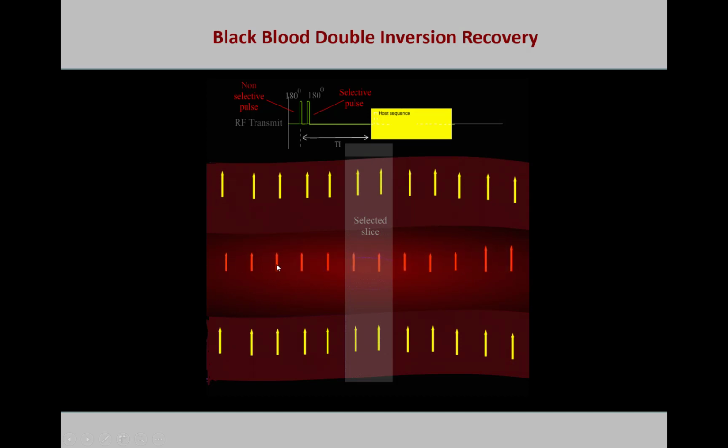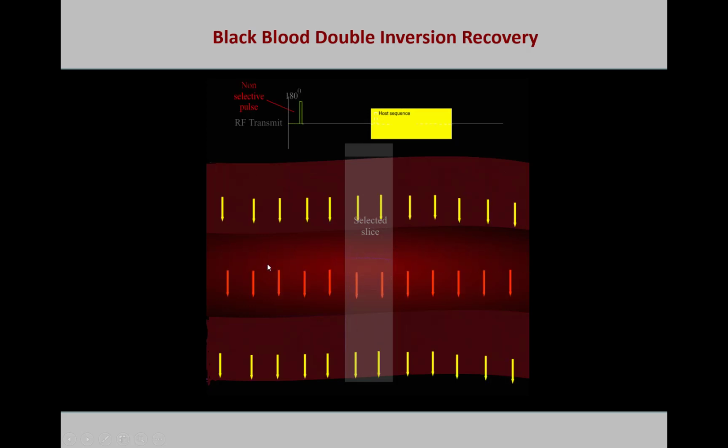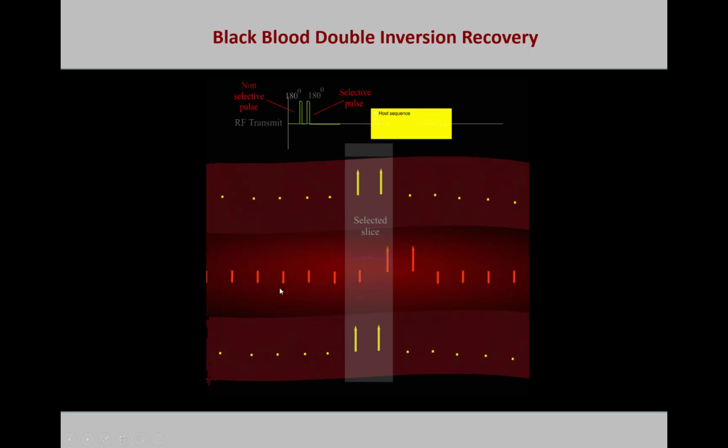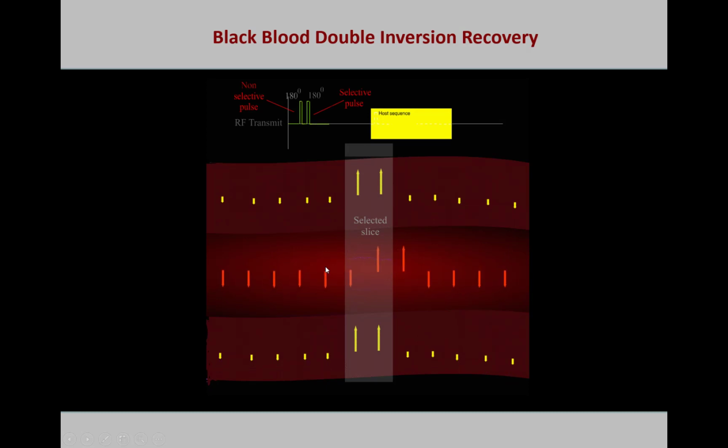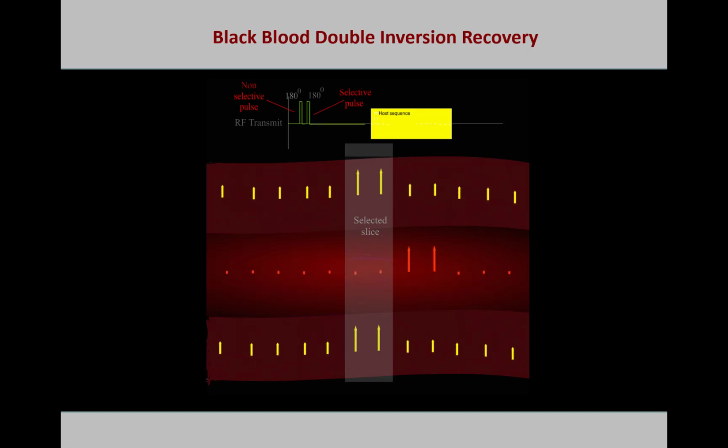So the flowing blood experiences a 180-degree flip on the first inverting pulse there, and because the second inverting pulse is selective, in other words, it affects only the slice, that flowing blood flowing into the slice is essentially only affected by that one first 180 non-selective pulse.